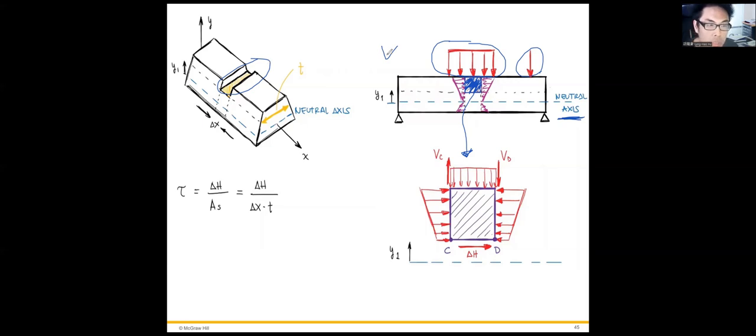Because this beam is subjected to the distributed load and the point load, it bends, so the bending stress is applied. The bending stress causes shear, and of course there is some distributed load applied on the top surface.